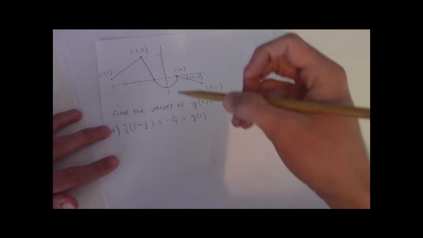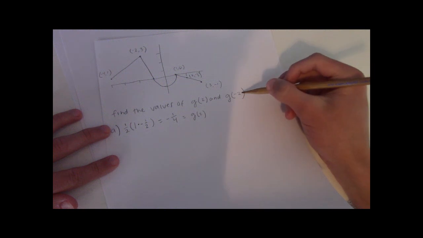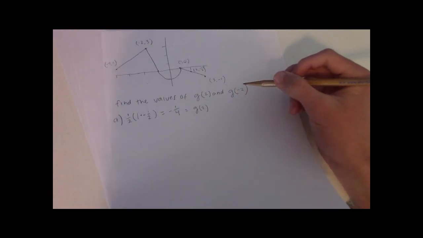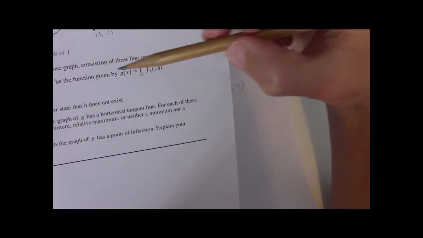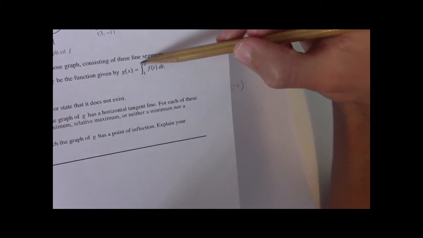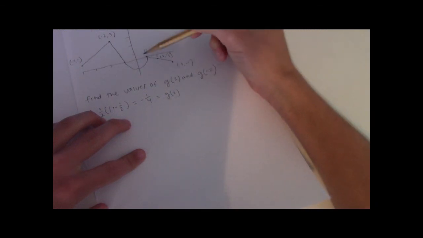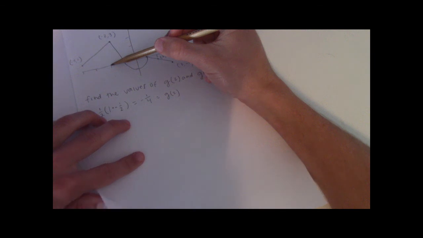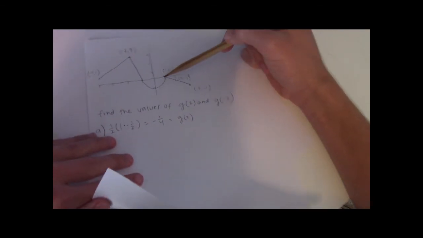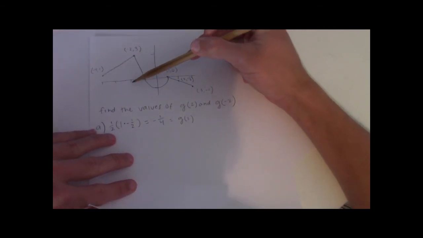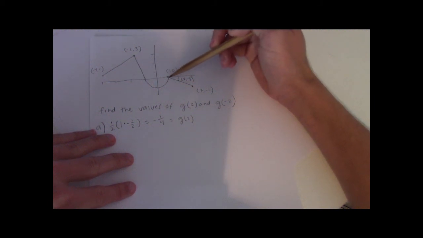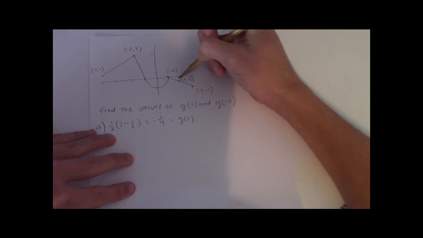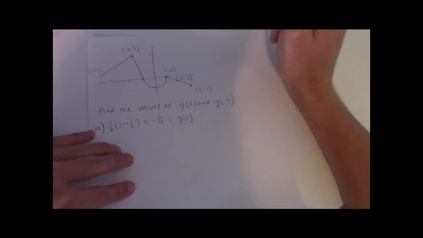Okay, so now it asks you to find g of -2. And since, again, we're integrating from 1 to x, we're going to end up integrating from 1 to -2. And since we're going left along the x-axis, we're actually going to be integrating backwards. So we're going to end up finding our area and basically making it negative.